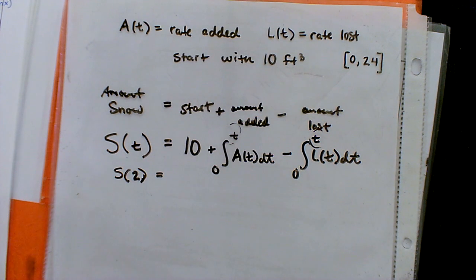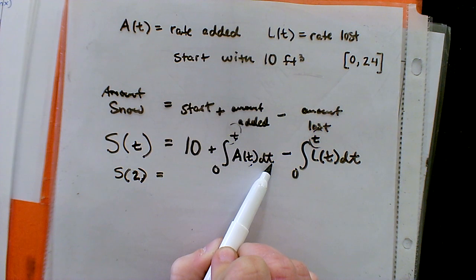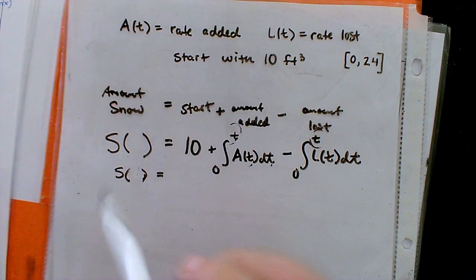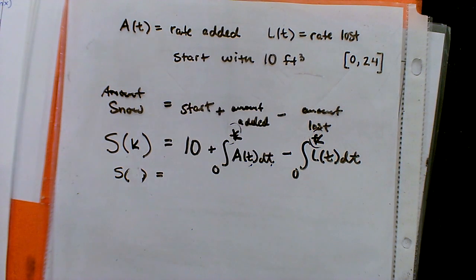Which t? This t? This t? You see how that's confusing? So the reason we're using a different variable is so that we can automatically tell where to plug in a value. Does that make sense?